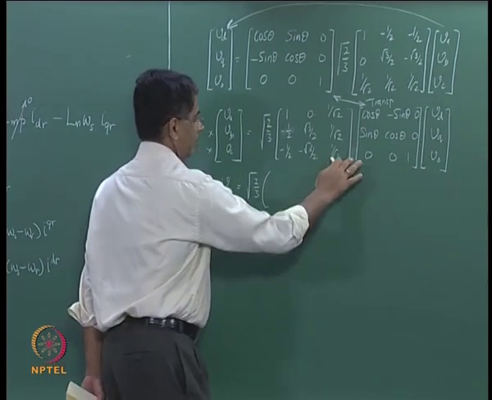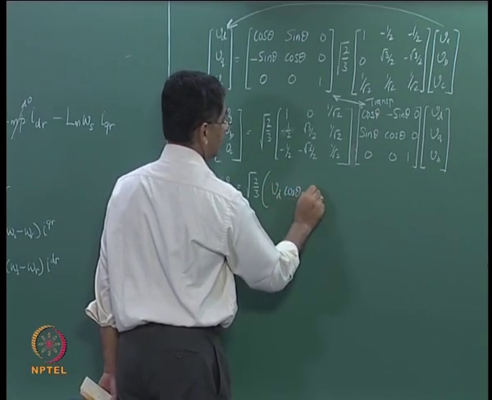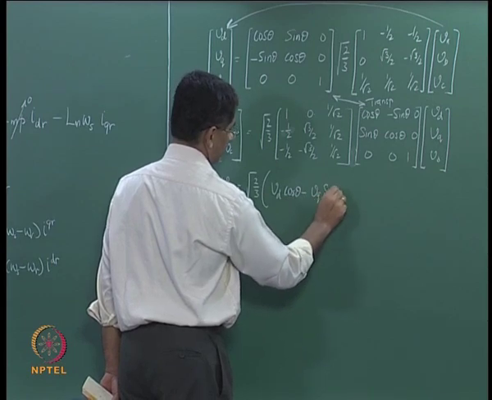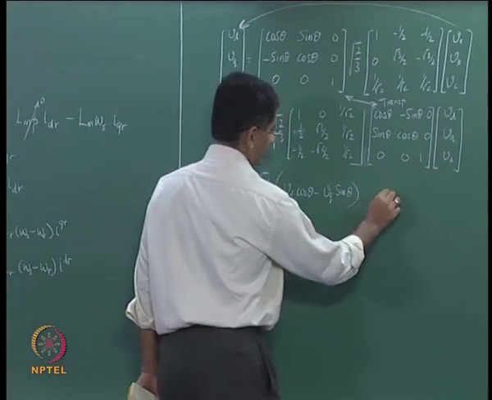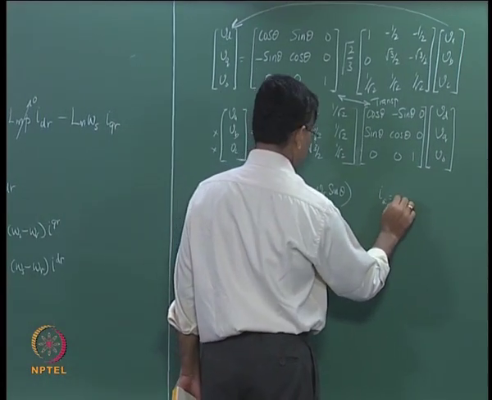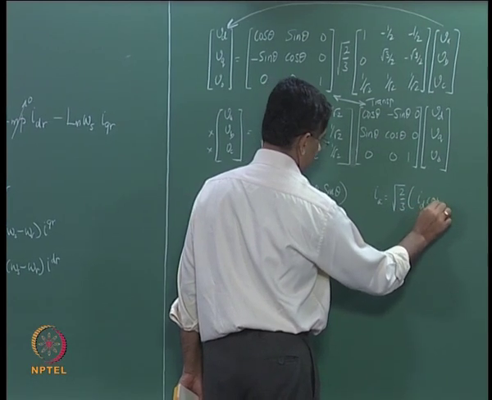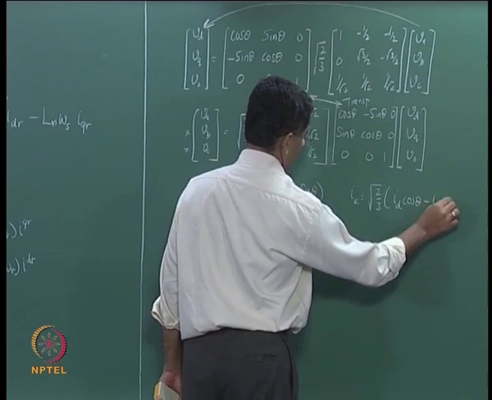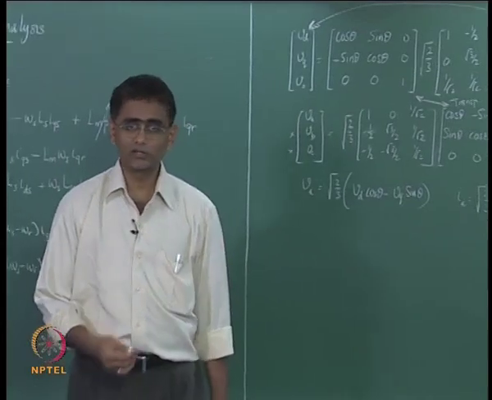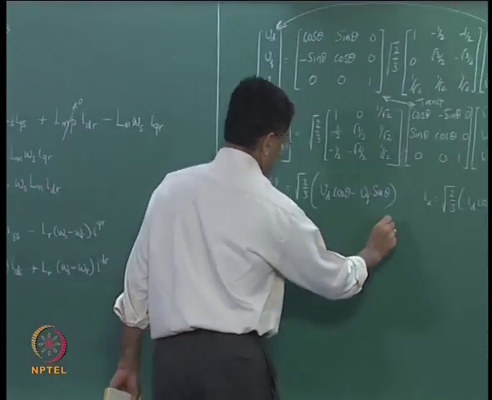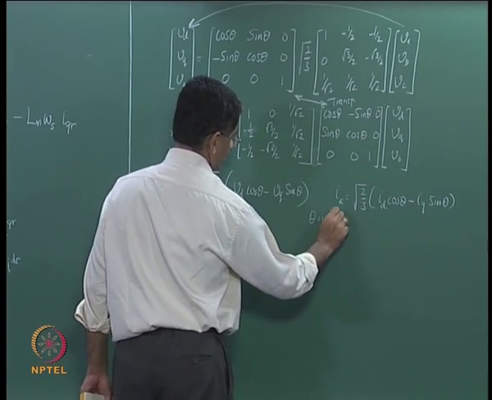So, this reduces to Vd cos theta minus Vq into sin theta, and by the same token what you would have is Ia equals root of 2 by 3 times Id cos theta minus Iq sin theta, and further we are looking at the synchronous reference frame, and therefore theta equals omega synchronous into time.